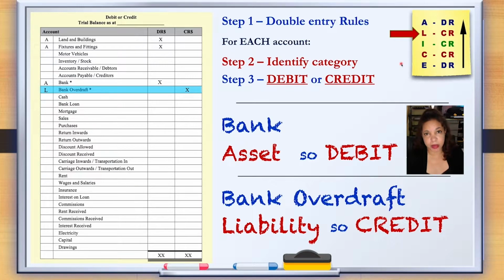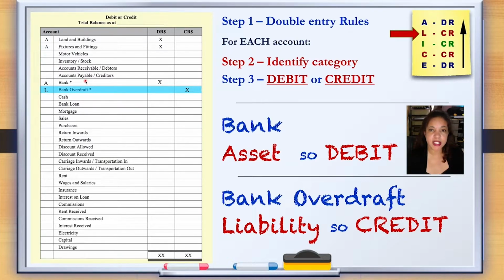You're not going to see both of them. But for this exercise, I put both for you so that you can see that bank is the asset debit column. So once there's a bank account, it will be debit column in your trial balance.